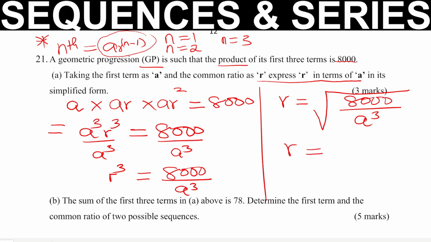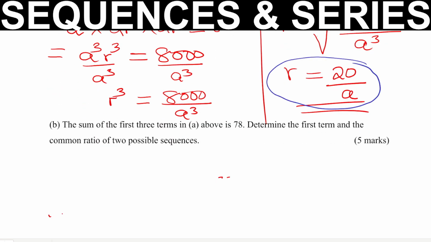So R is given by the cube root. The cube root of 8,000 is 20. The cube root of A cubed is A. And you have done what is required. We have expressed R in terms of A.